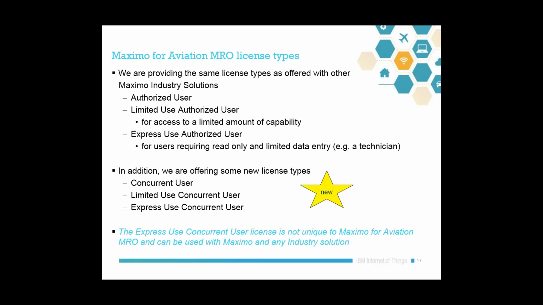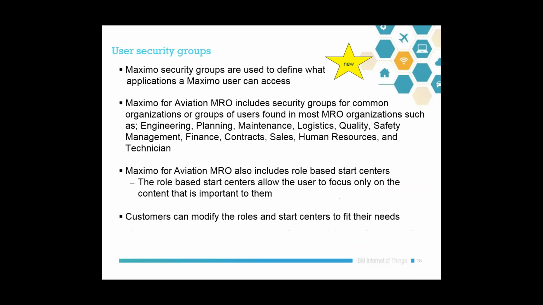So if you're using, for example, Maximo for Transportation and you want to use express concurrent user licenses, that's a new option available to you starting in the June timeframe. So, some more flexibility in licenses and license types.